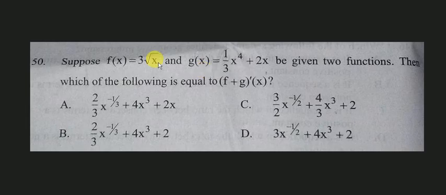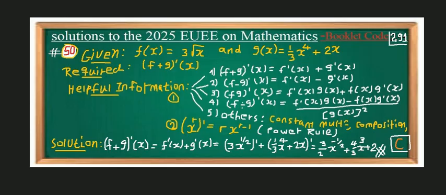Next problem, number 50. Suppose f of x is 3 times root x and g of x is 1 over 3 times x raised to 4 plus 2x. Let these be two given functions. Then which of the following is equal to the derivative of their sum at x? So what is given?